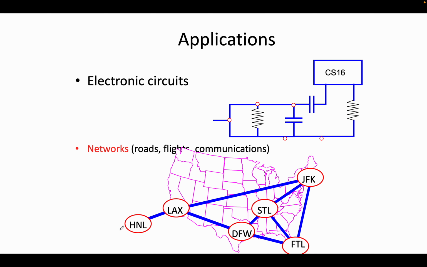Here is showing the application of the graph in reality, just for the electronic circuit. We will set something as a node, and then we have the resistor, capacitor, and inductors as a resistance, like a buffer, between each node.